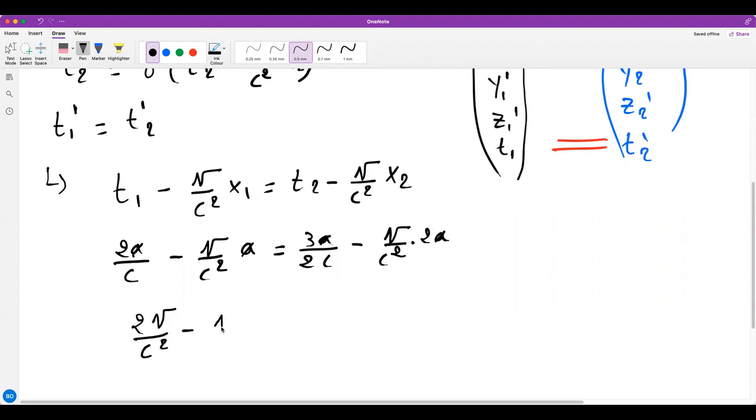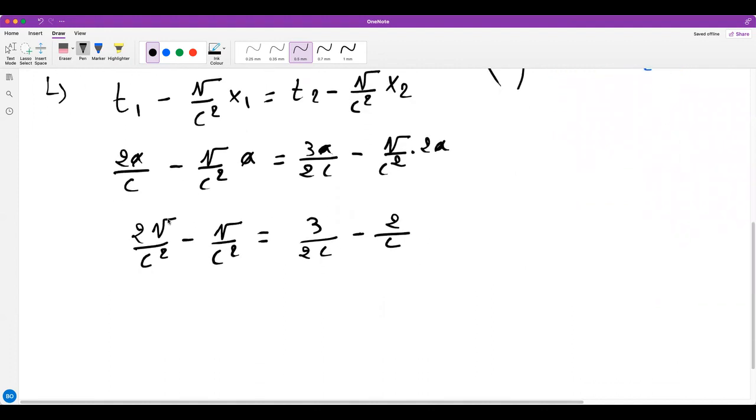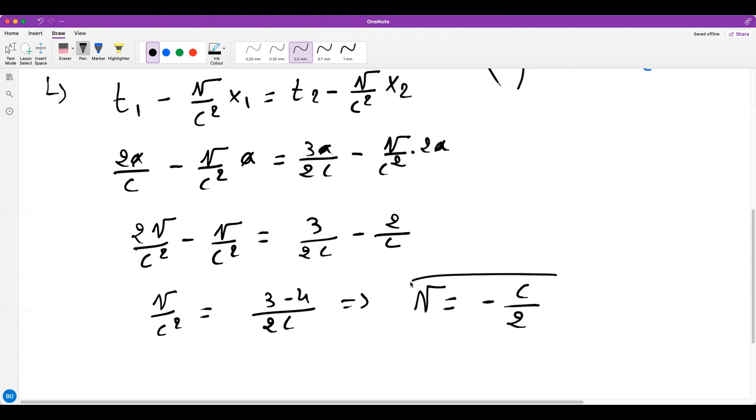So I will get 2v over c squared minus v over c squared is equal to 3 over 2c minus 2 over c. This will give me v over c squared equal to 3 minus 4 over 2c. So this means that the velocity will be minus c over 2.